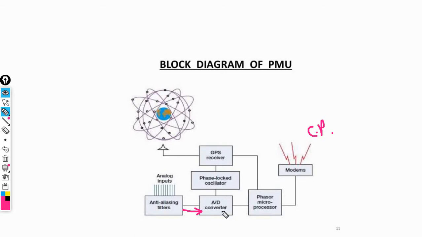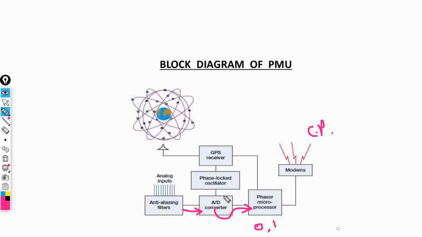The main function of the A to D converter is to convert the analog signal into a digital signal. Then this digital signal is given, in the form of 0s and 1s, to the phasor microprocessor, and the whole microprocessor operates with the help of 0 and 1 digits.